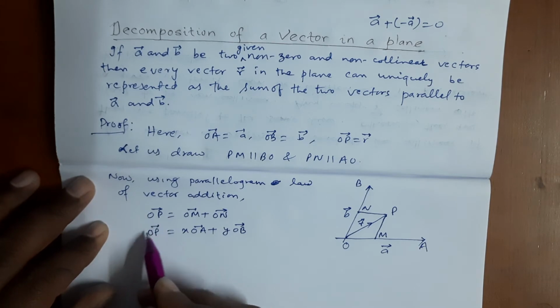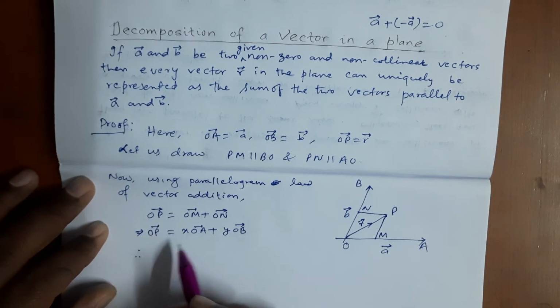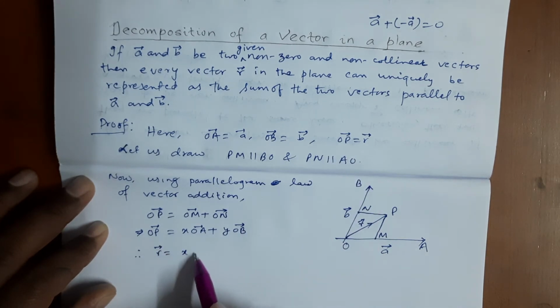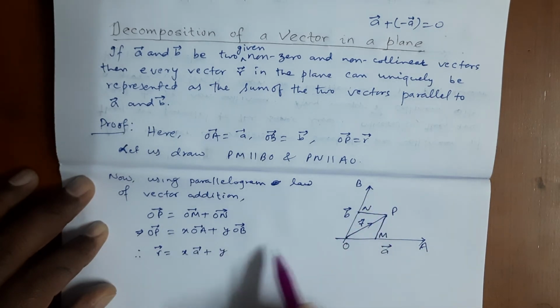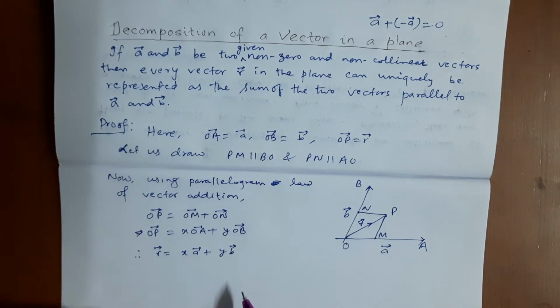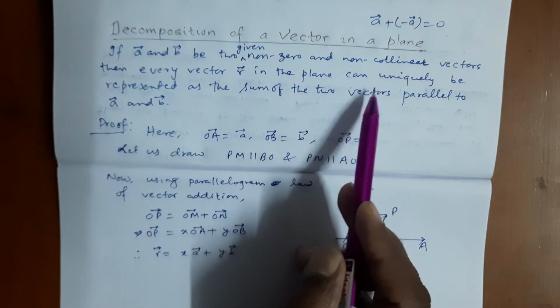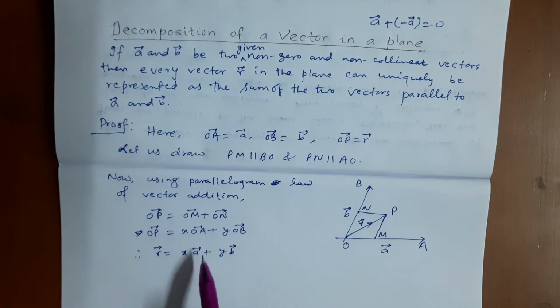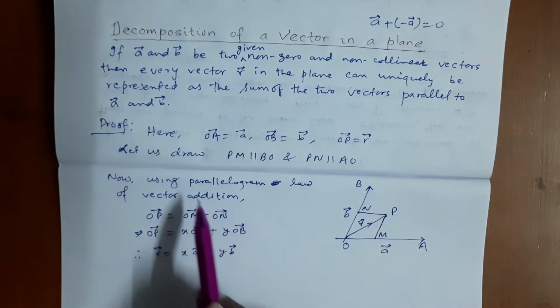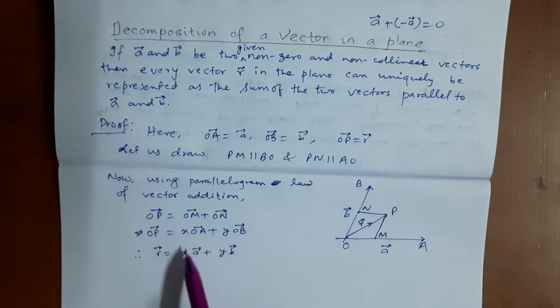This OP vector equals vector R, as we have already supposed, therefore vector R equals X times OA, meaning vector A, plus Y times OB, meaning vector B. So vector R in the plane we can represent as the sum of two vectors parallel to A and B. This XA vector is parallel to vector A, and YB vector is parallel to vector B. In this way we have a representation of vector R, and now we have to show that it has unique representation.